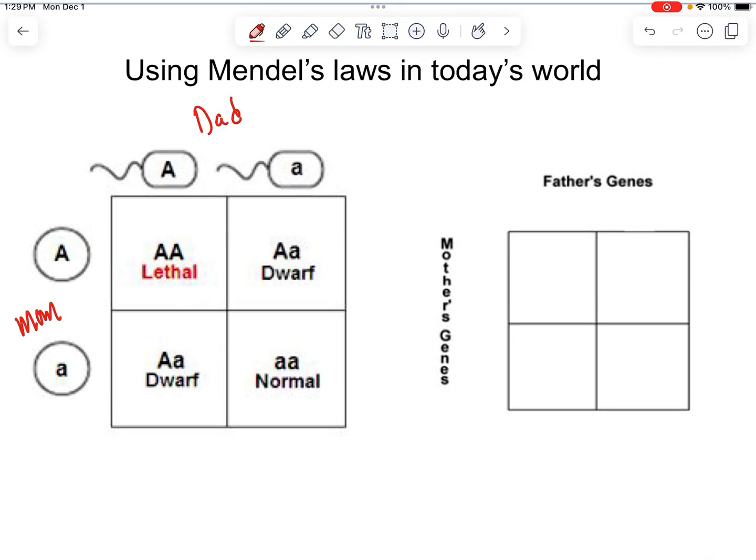Again, with achondroplasia, if you notice here, AA is going to be lethal. So we have really 1/3 is going to be normal, and 2/3 will have dwarfism. But you can see how that works in terms of tracking it down.